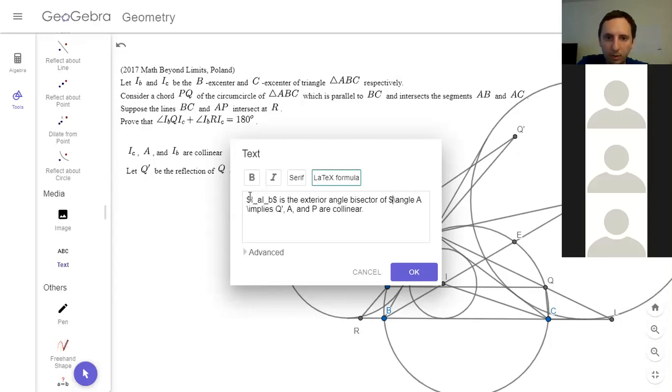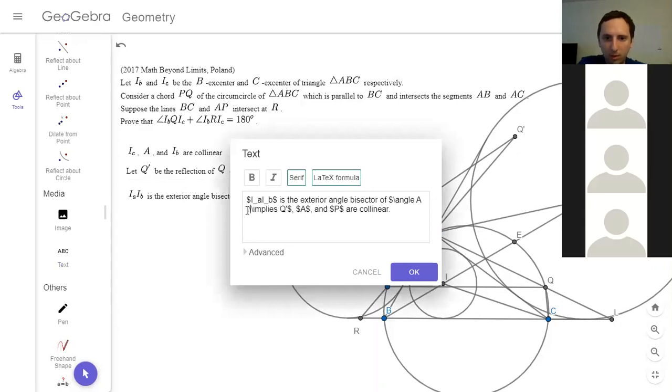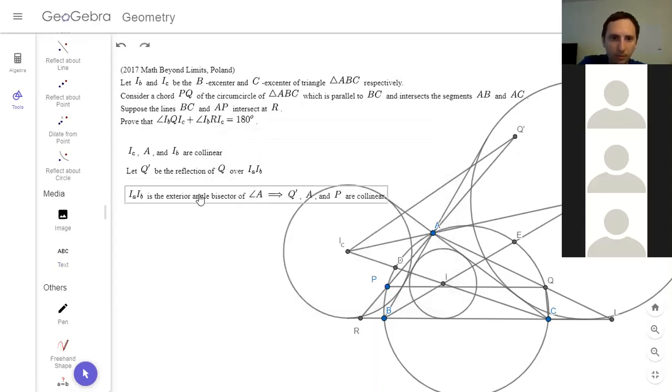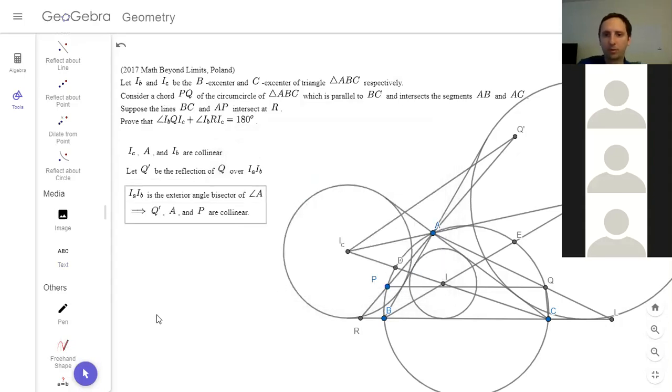There we go. So let's see, I think we have to use that PQ is parallel.